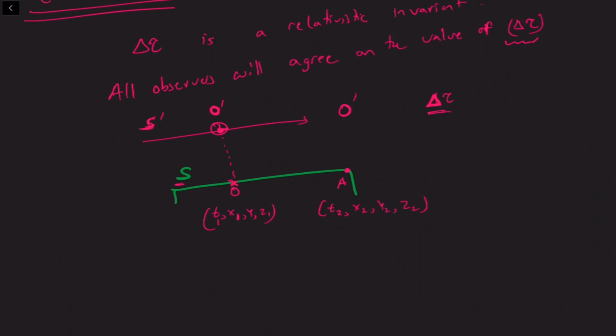So note something important. The times that you're measuring are measured on different clocks. According to observer S, they are measured at the location of O's clock and at the location of A's clock. So this is not a clock at a single spatial position. In other words, T1 and T2 are different, but also X1 and X2 are different.